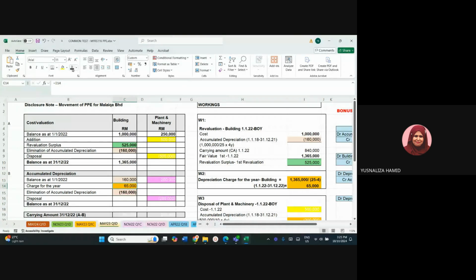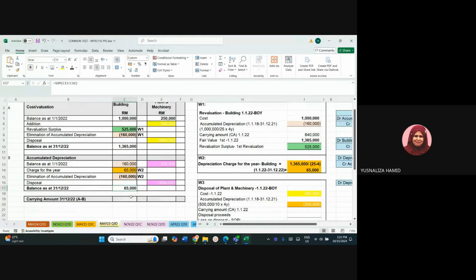So you include there 65,000. So these are the workings for the first part, which is no disposal for building. It was just revaluation. So 1365 minus 65, you have 1.3 million.